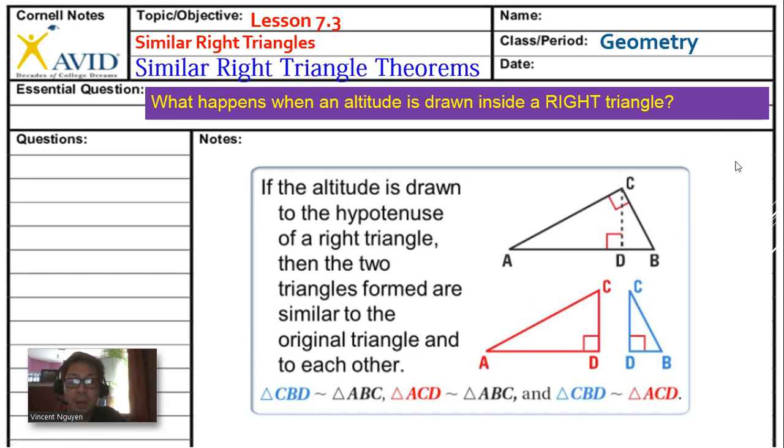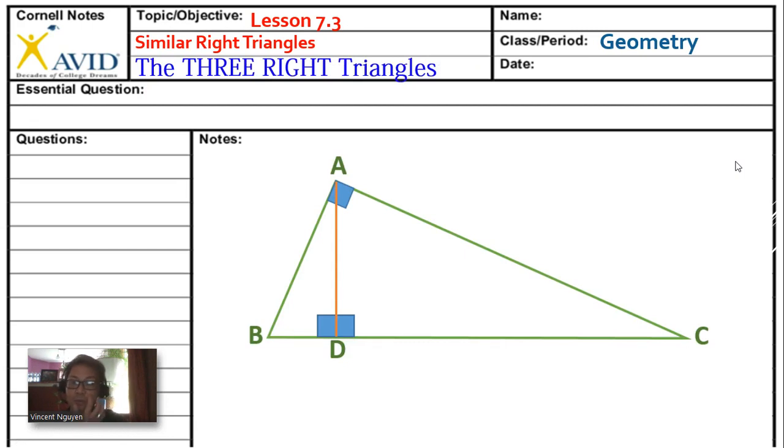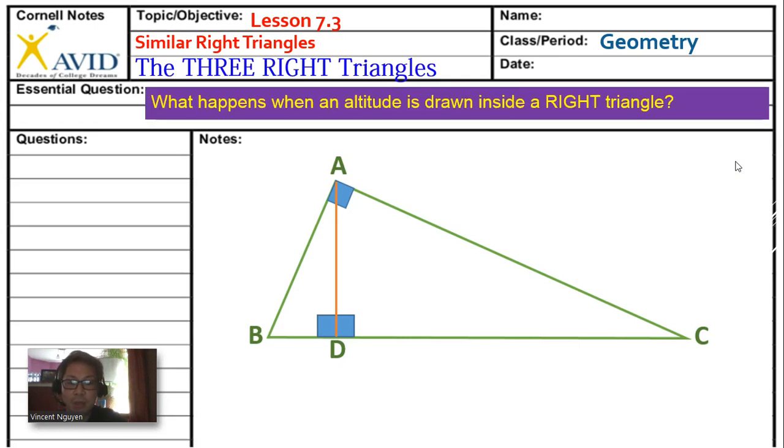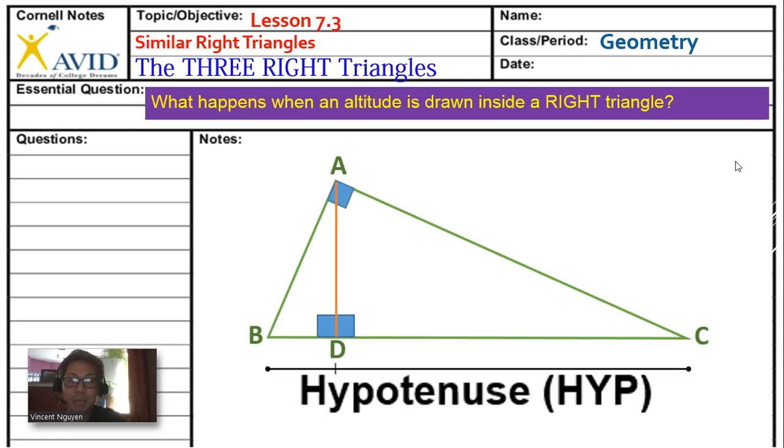Anyway, that comes with several segments that we are going to have to be able to find, right? First, we have the hypotenuse of the big triangle on the outside, and this altitude cuts that hypotenuse into two pieces, mainly the long piece and the short piece.